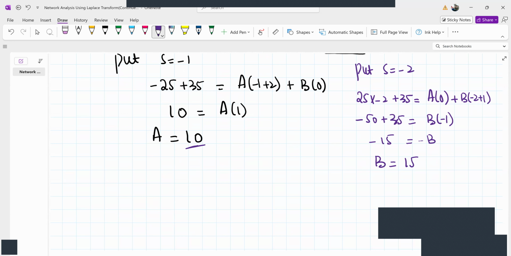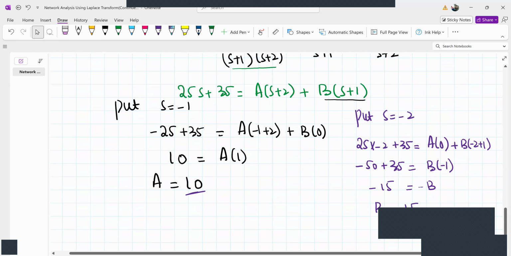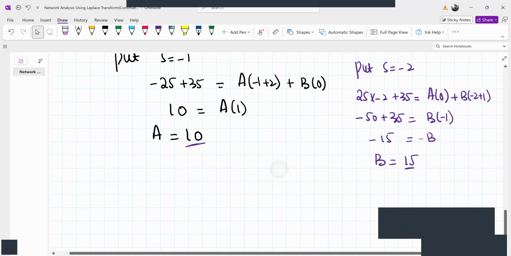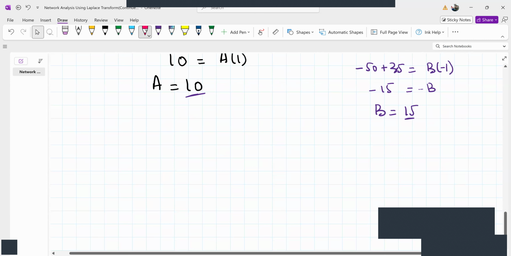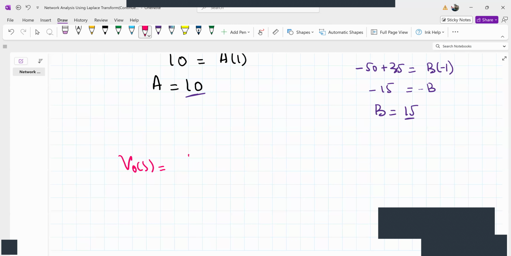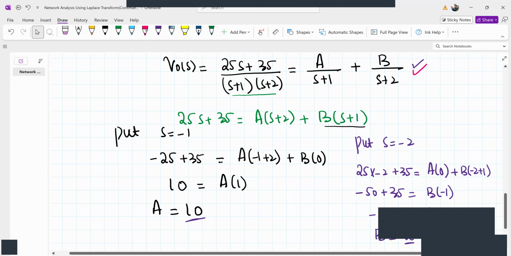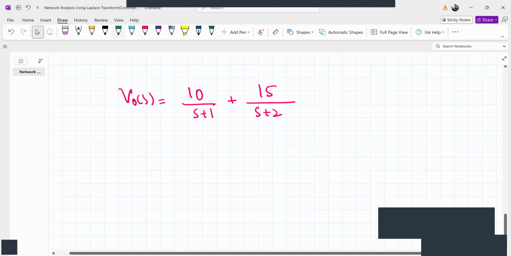So substituting A and B in this expression here, V naught of S will be simply equal to 10 divided by S plus 1 plus 15 divided by S plus 2, because A is 10, B is 15. Now we know the inverse Laplace transform of these terms, so we'll write directly.